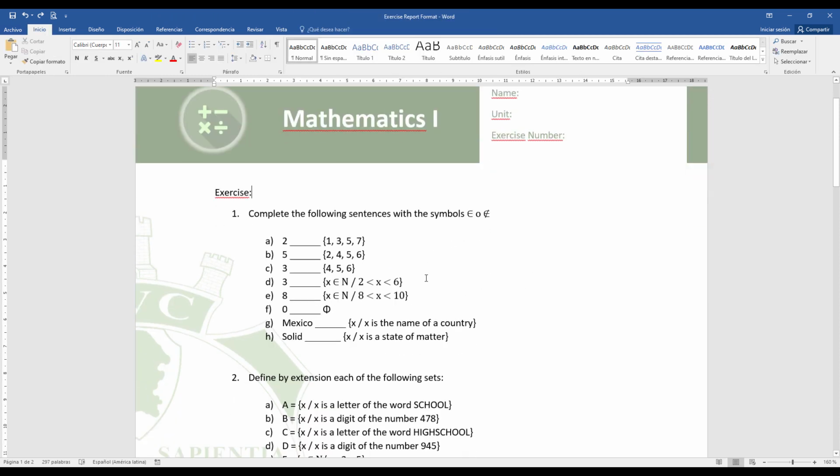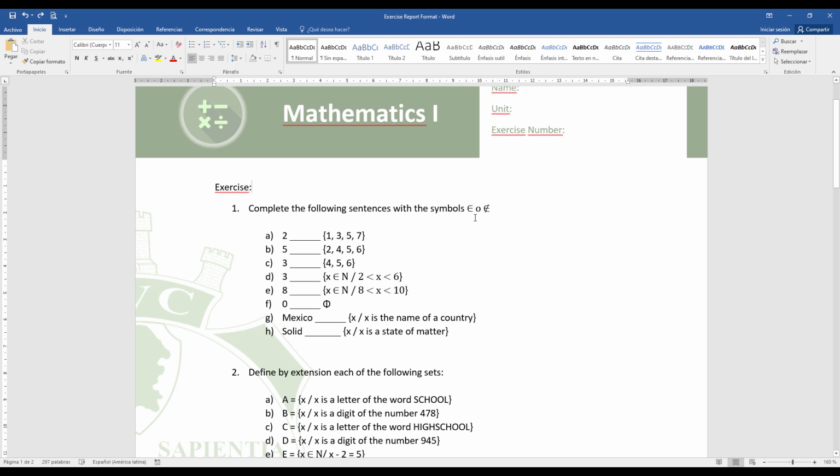Here, complete the following sentences with the symbols. What does it mean? Remember, it means that the element is inside of that set. For example, here, 2 is not an element of that set. Why? Because inside of that set the number 2 doesn't exist, so you need to use that symbol and underline it.